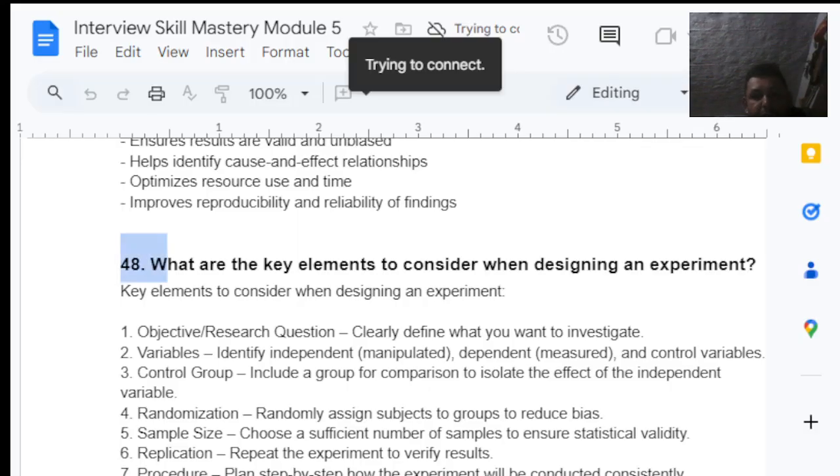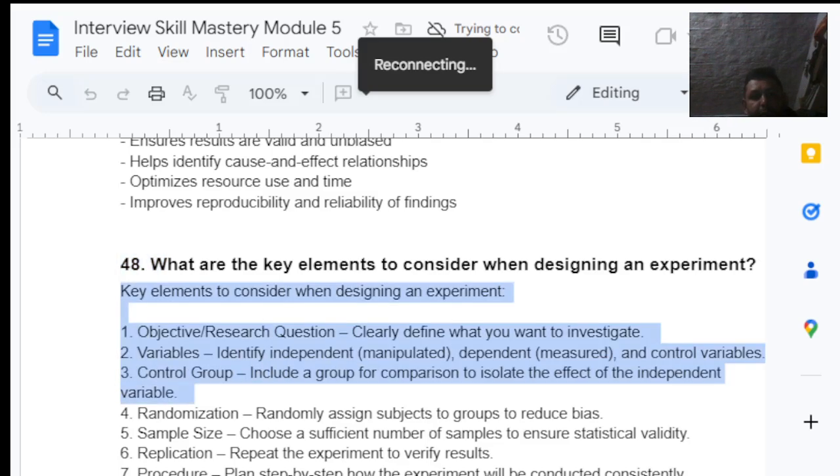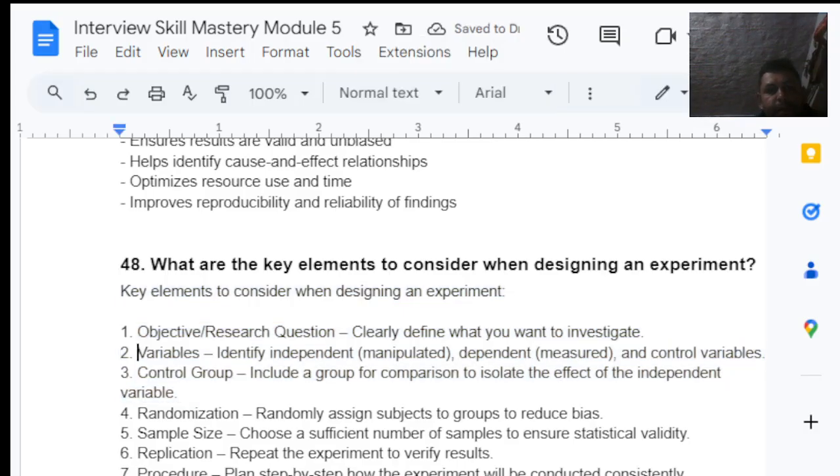What are the key elements to consider when designing an experiment? So these are the key elements: objective, the research question, clearly defining what we want to investigate; variables, control group, randomization, sample size, replication, procedure, data collection methods, and ethical considerations.